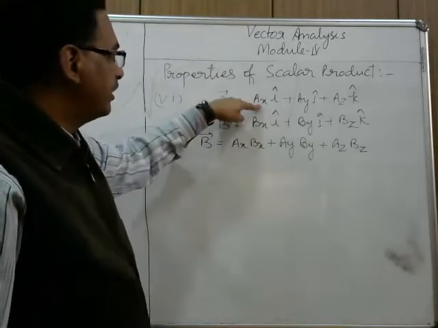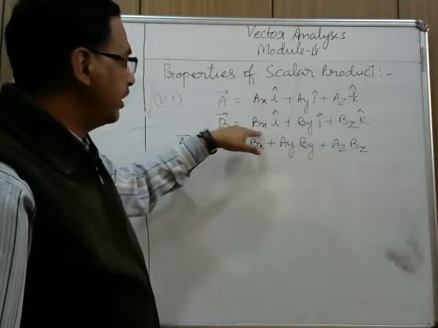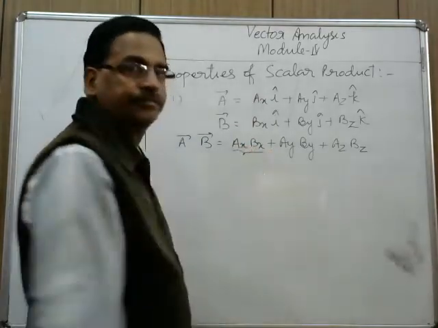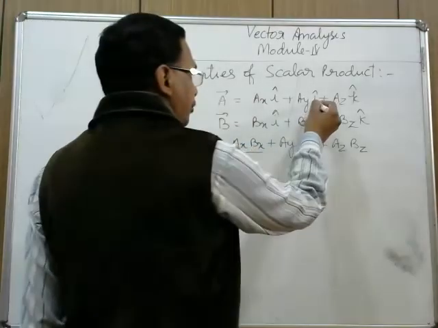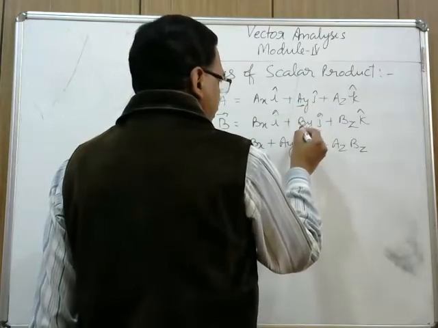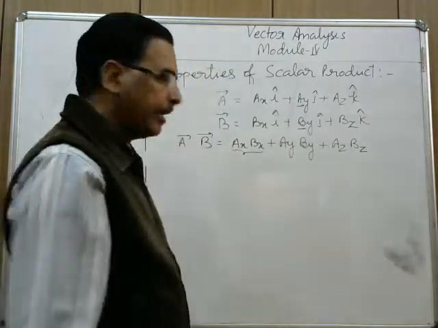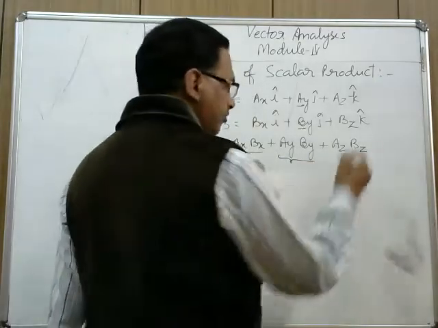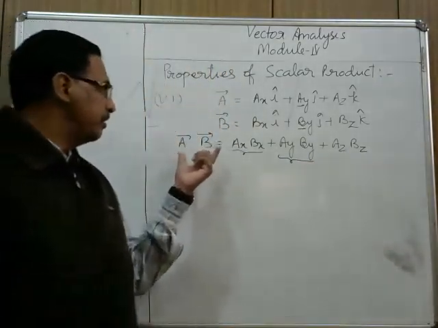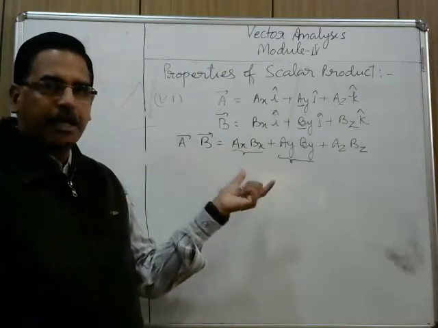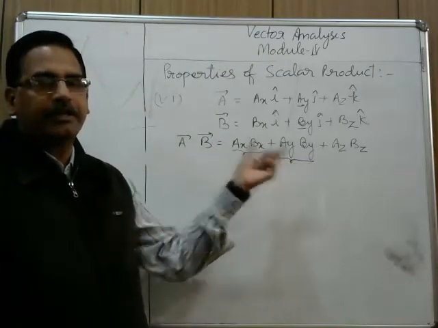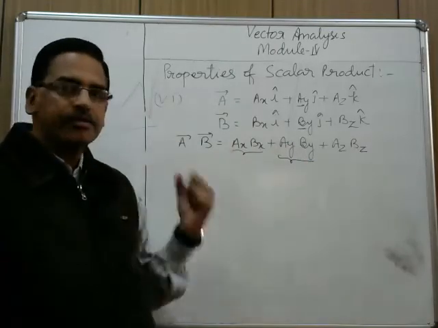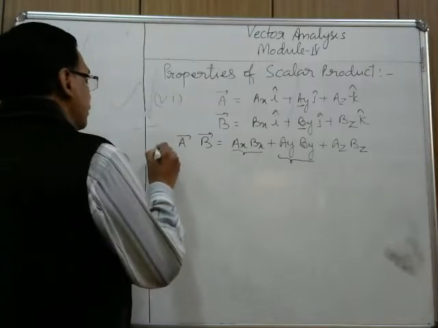Here the x component is ax, here the x component is bx, so this is ax into bx. Here the y component is ay, here the y component is by, so their product is ay by, and in the same way az bz. So, A dot B is equal to the sum of the product of their respective x, y, z components. Now, how is it so? We have the proof of this. Proof.